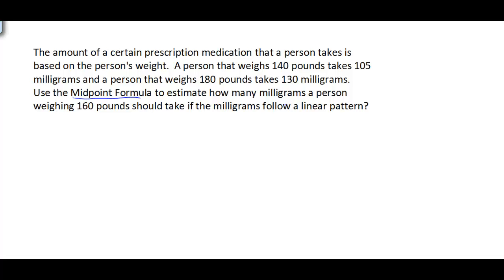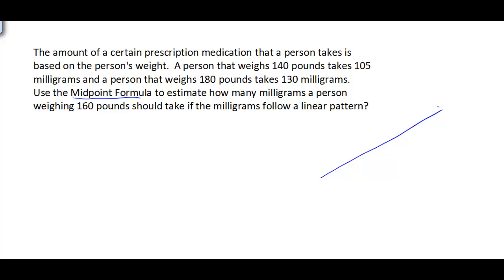So if it's a linear pattern, that means the points are going to fall in a straight line. In other words, your increase here is going to be the same. As the person goes from 140 pounds to 180, the milligrams go from 105 to 130. So when we say it follows a linear pattern, if we were to plot the points, they're going to fall in a nice straight line.